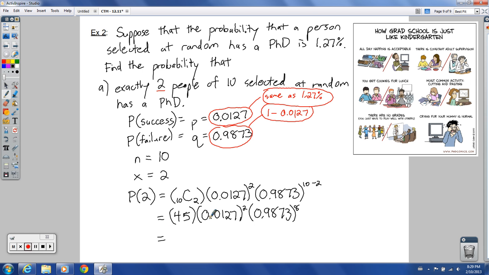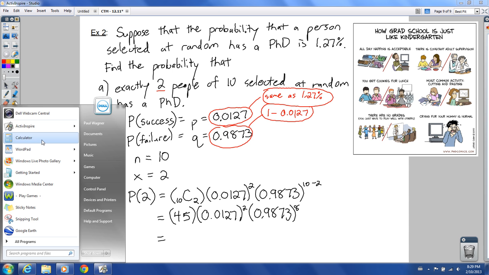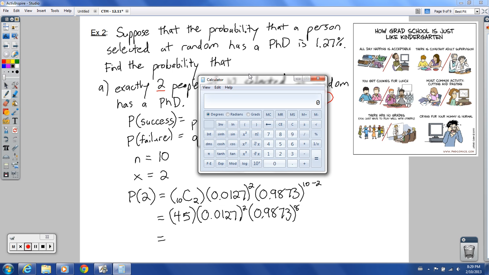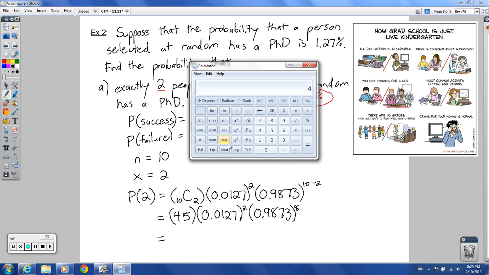Now at this point I would highly recommend just putting that all at once into a calculator and seeing what you would get. So let's take out a calculator here. My calculator should be able to handle this just fine. So 45 times 0.0127 to the second power, times 0.9873 to the 8th power.